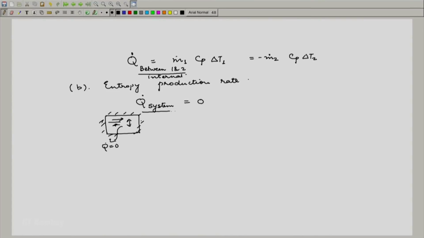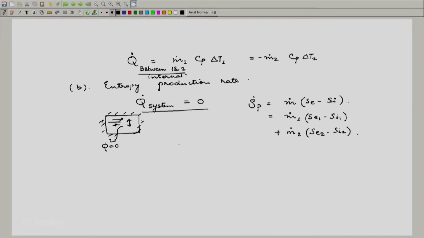But now if Q dot of the system is equal to 0, you know that the entropy production rate S dot P is equal to m dot times Se minus Si if there was only one stream. In this case it would be m dot 1 times Se1 minus Si1 plus m dot 2 times Se2 minus Si2, and you notice that here there is no change in pressure.